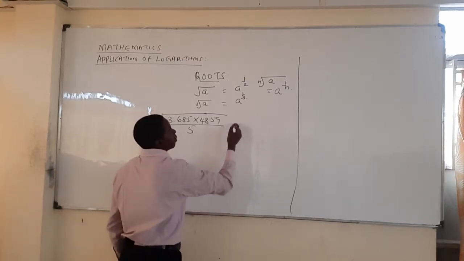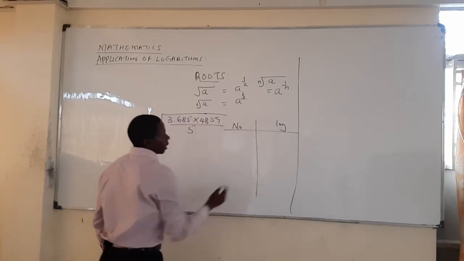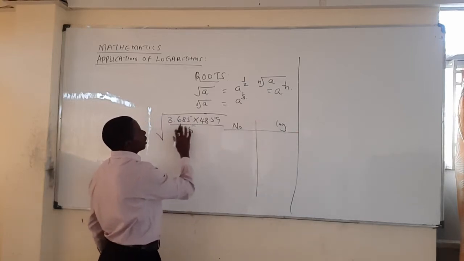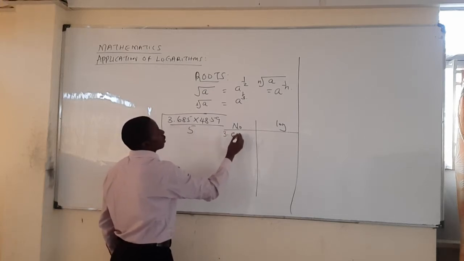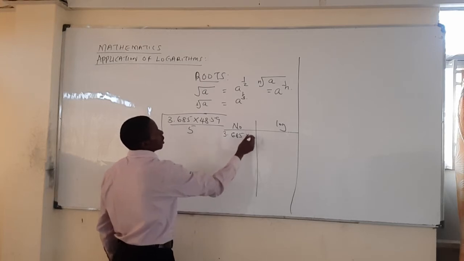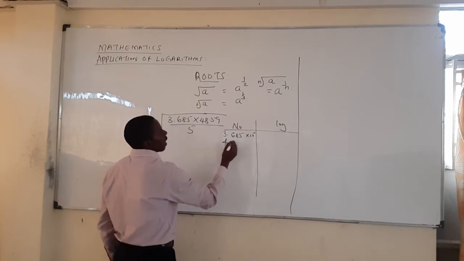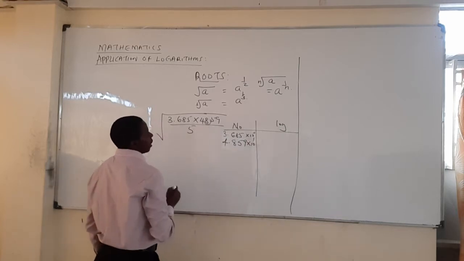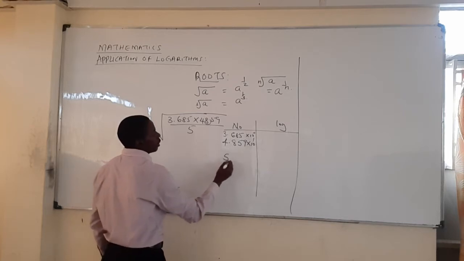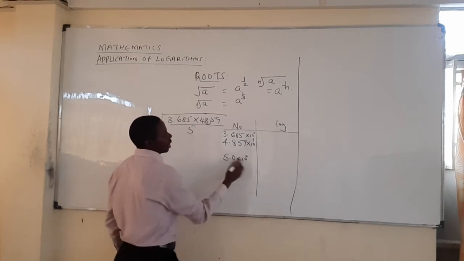So we create a table, one side number, the other side logs, and we solve it. For the number side, the first one in standard form is 3.685, just times 10 power 0. Then 48.59 is going to be 4.859 times 10 power positive 1. And then we have 5 down there, times 10 power 0, standard form.